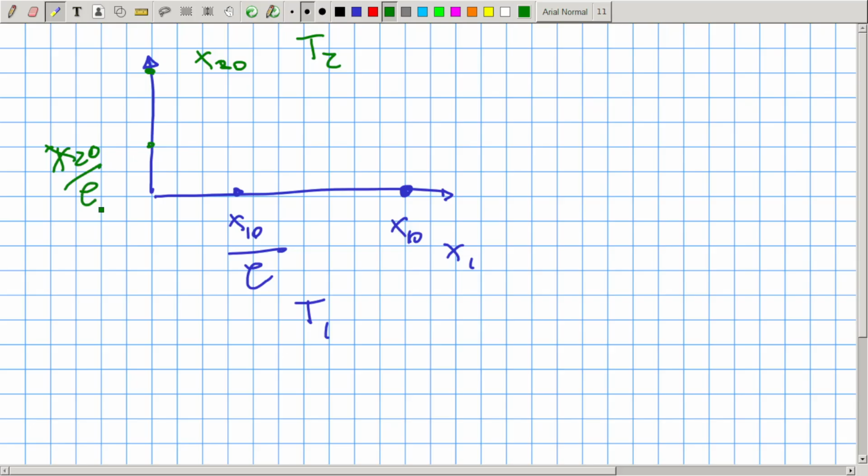Okay? The fact is that this time constant and this time constant are going to be different. This point is here, this point is here, but it's not that I pass through both, because the time that I pass here and the time that I pass here are two different ones. Are we together?